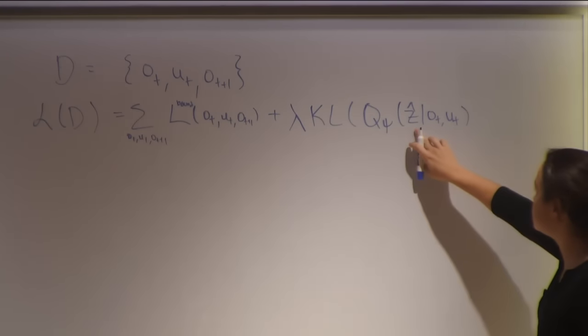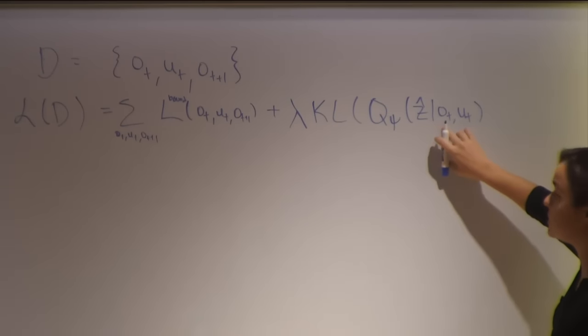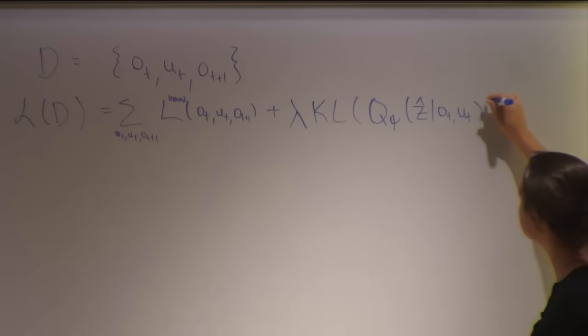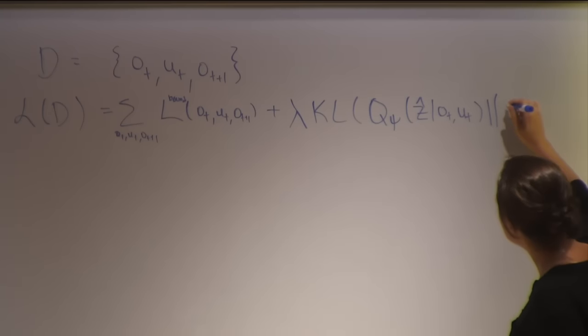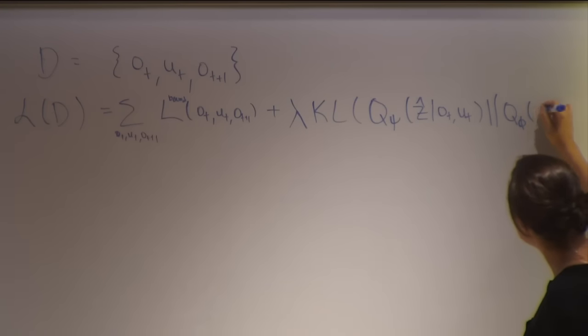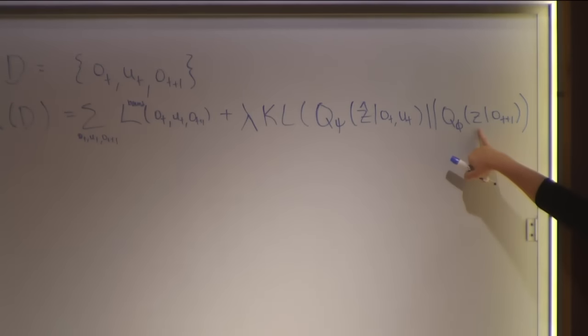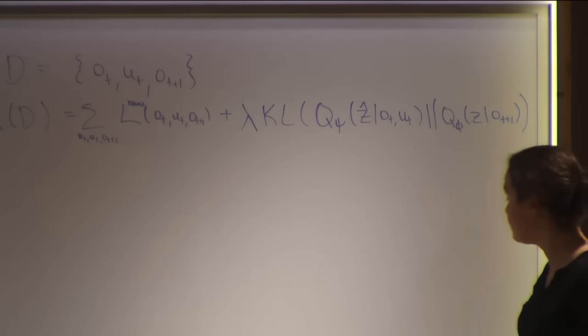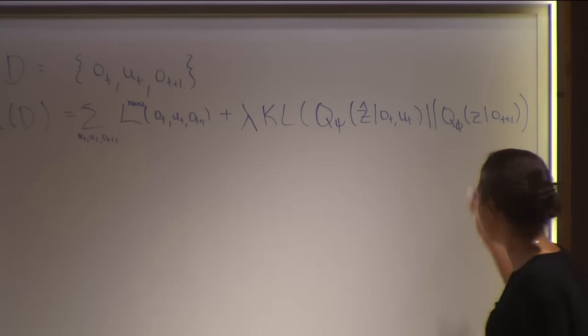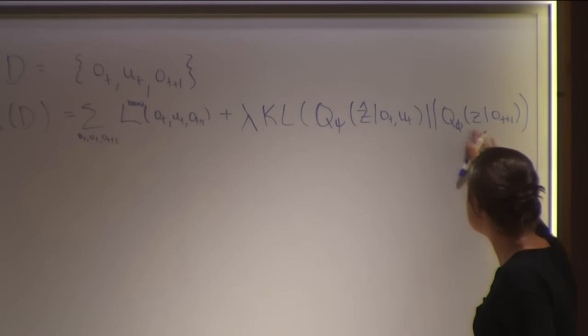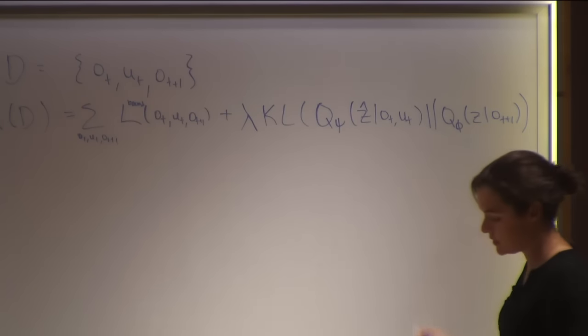So this is your next embedding given your current observation and your current action, and q phi of z given ot plus 1. And so this is the likelihood of seeing an embedding z given your next observation. I'll go over that in a second.